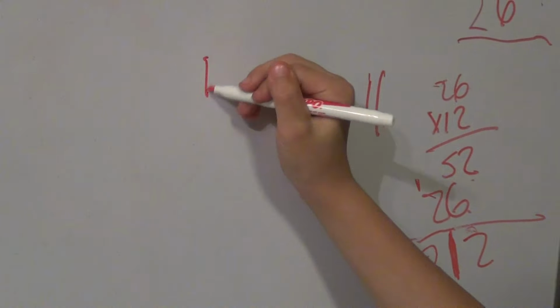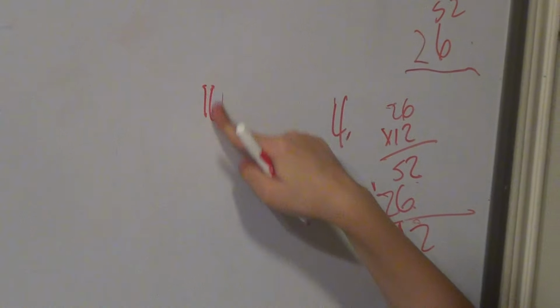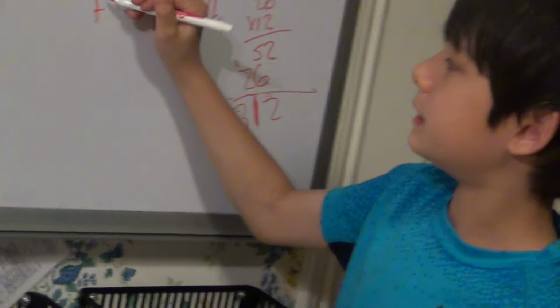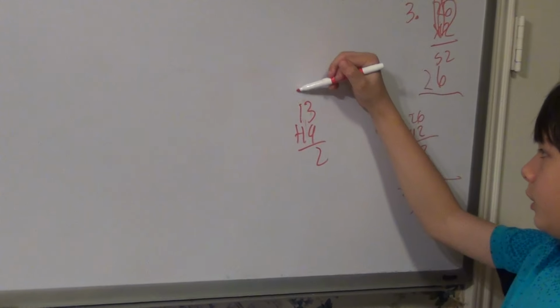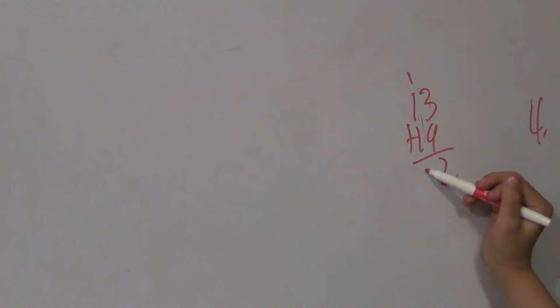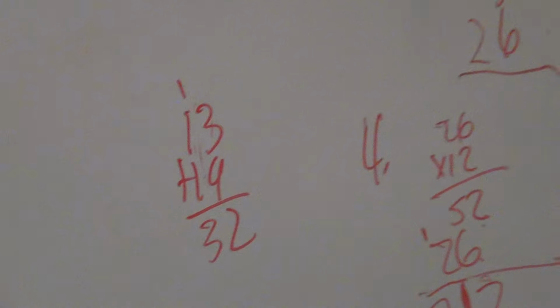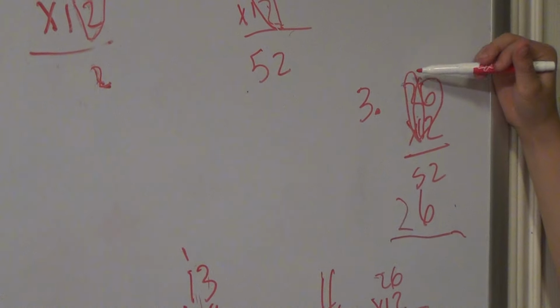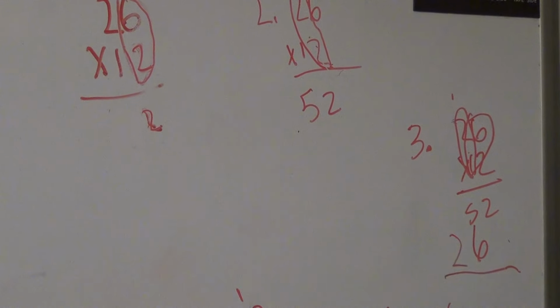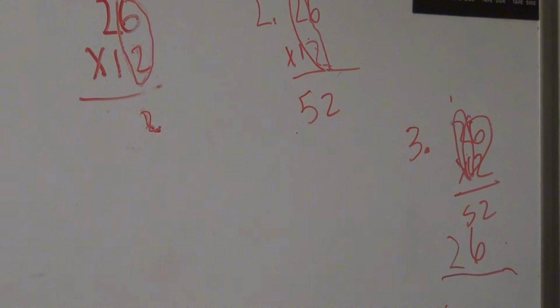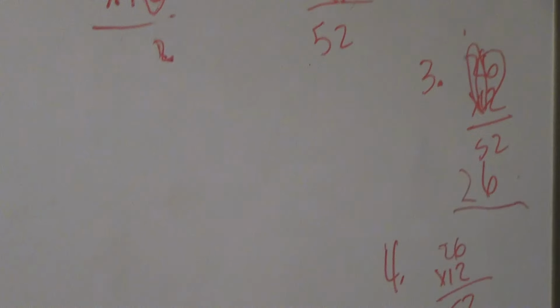Like 13 plus 19, you would carry the 1 over just like normal addition. Just like here, you do 2 times 2, and you carry the 1 over, and it equals 5. So your answer is 312.